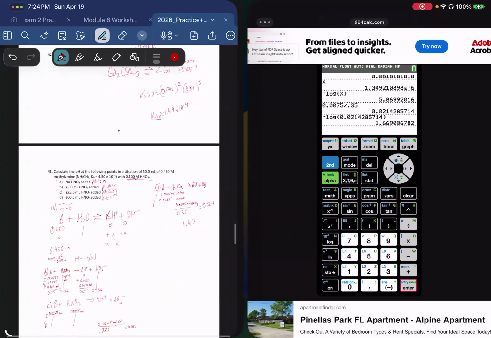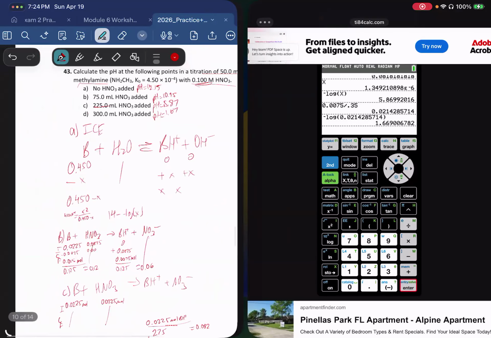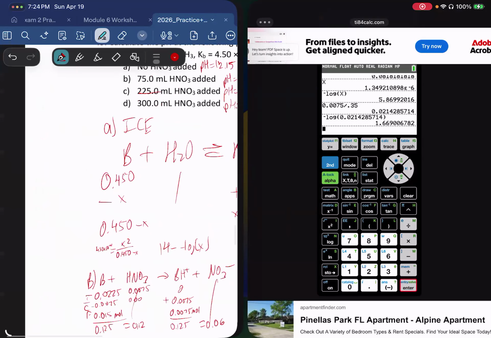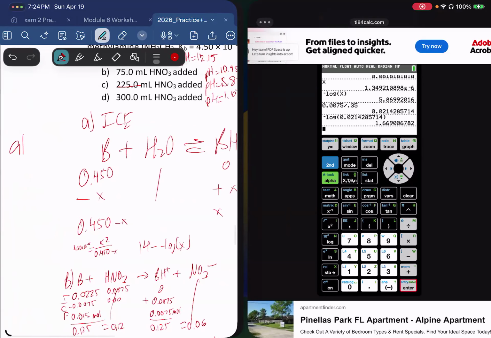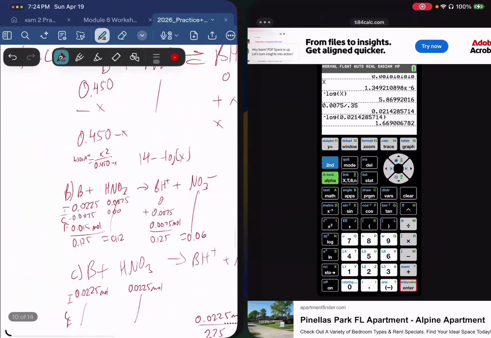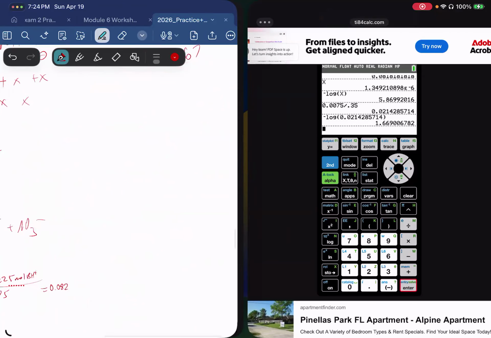This is probably the longest question you're going to encounter. However, there's a lot of steps involved, right? Before anything's added, that's ICE. If I were to draw out a titration, this is like A basically. B is somewhere in between A and the equivalence point.